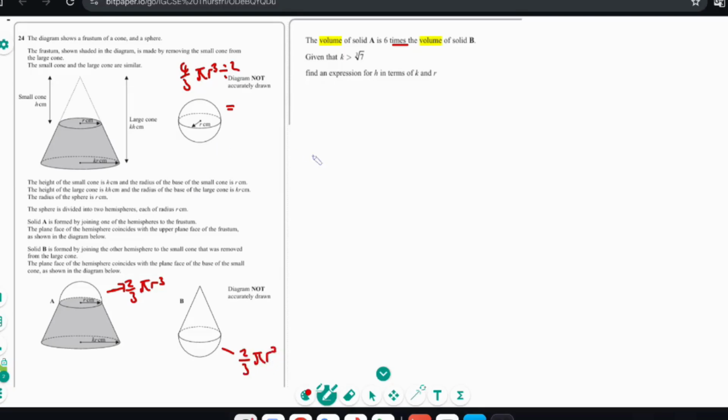Okay, now the frustum. We have the big cone. Now, the volume of a cone you were also given, it's 1/3 pi r squared h. We've got 1/3 times pi times r squared, where R is kr, times h, minus the small cone, which is 1/3 times pi times r squared times h.